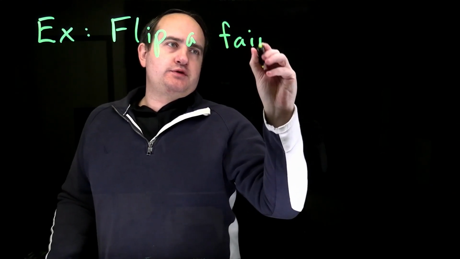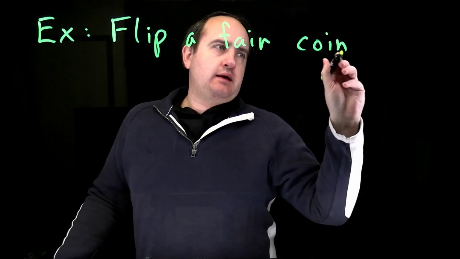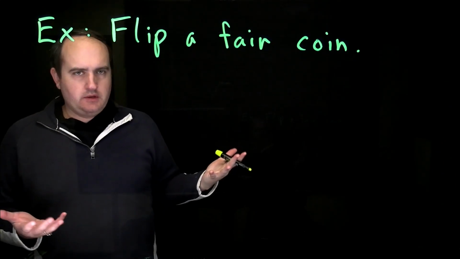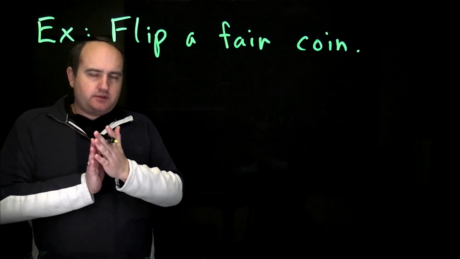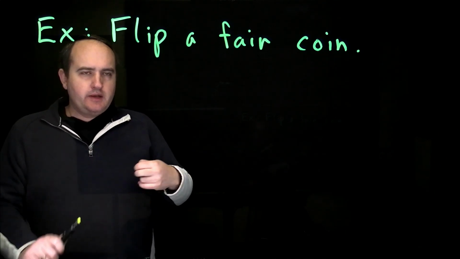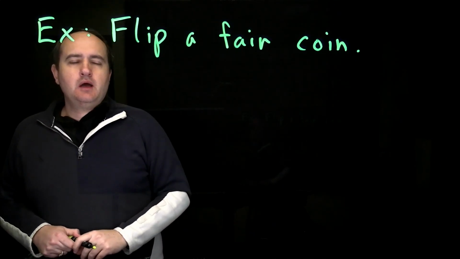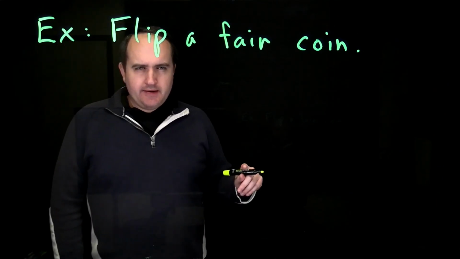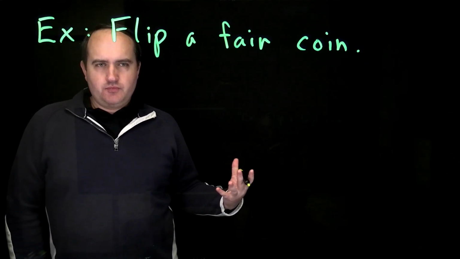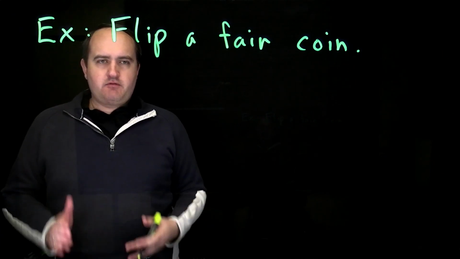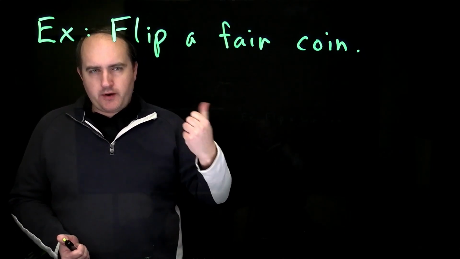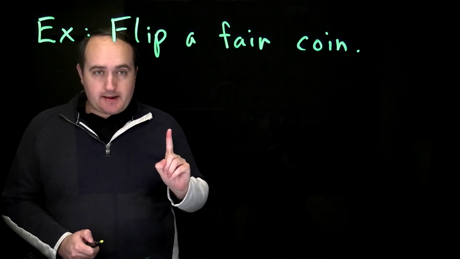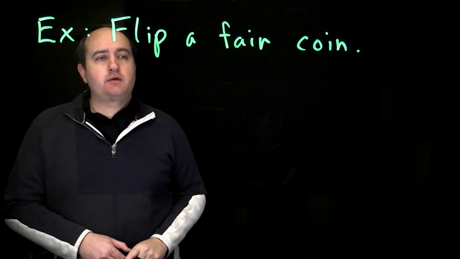So for example, if you just flip, say, a United States quarter, that isn't particularly lopsided, so it's considered a fair coin. So if you flip a fair coin, then you're either going to have heads or tails. So each time you flip a coin, that would be a single trial.